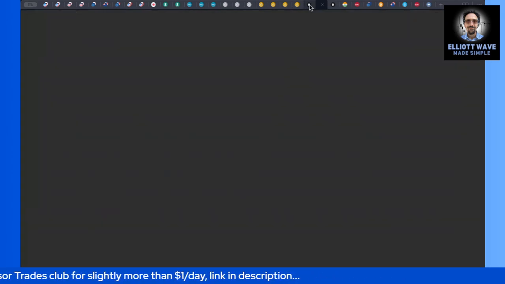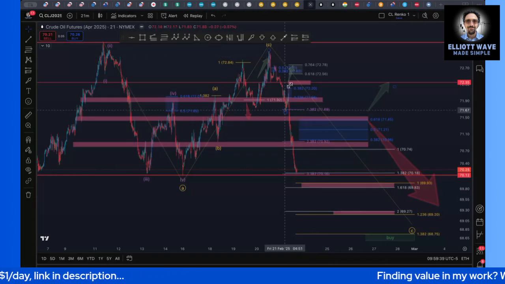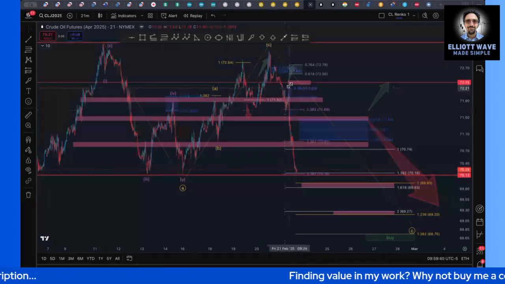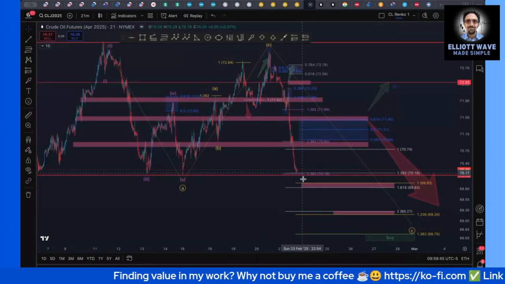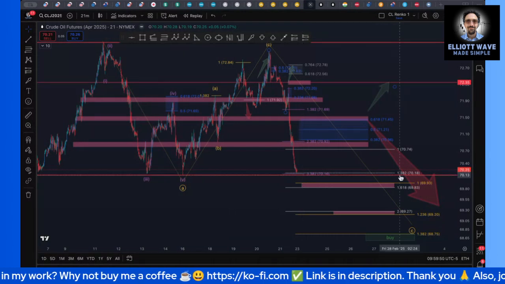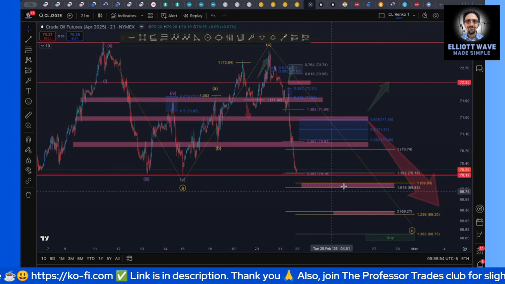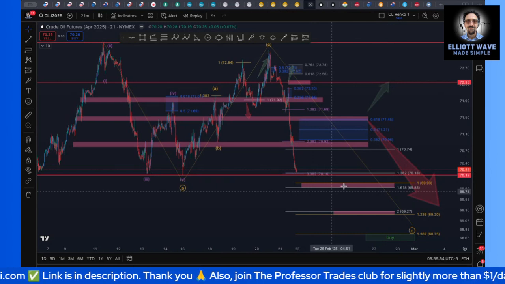So then when we drop down to the lower time frame, if this is a 1, 2, and this is wave 3, it's a little shy of an ideal target for wave 3. Although it certainly could terminate at this white 1382 for wave 3, a more logical target is to come down to this 1618 for wave 3.